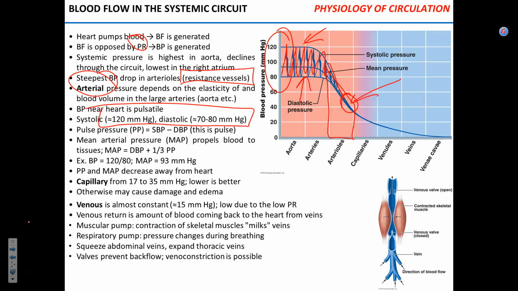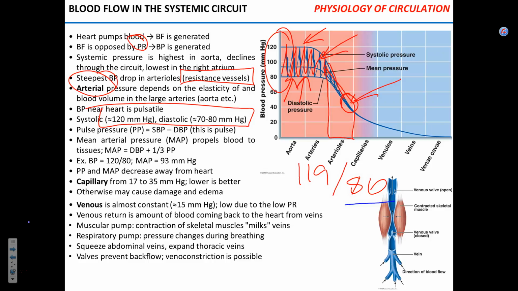Now, mean arterial pressure is calculated as the diastolic pressure plus 1/3 of the pulse pressure. So say we have a patient with 119/80. So what is the diastolic pressure? 80, yes. What is the pulse pressure? The difference between systolic and diastolic? 39.